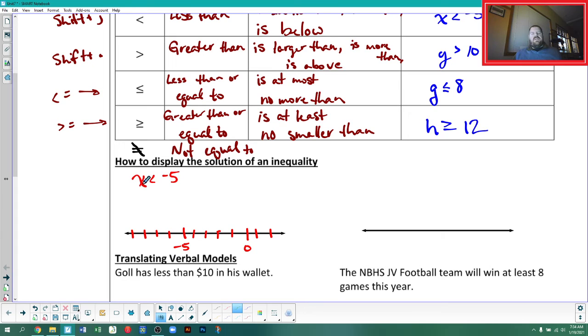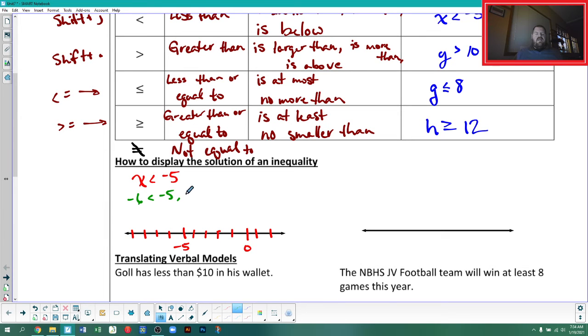Now I have to ask myself, what numbers are smaller than or less than -5? Where do smaller numbers live? Okay, smaller numbers live to the left. Now an answer to this might be, well, -6 is less than -5.